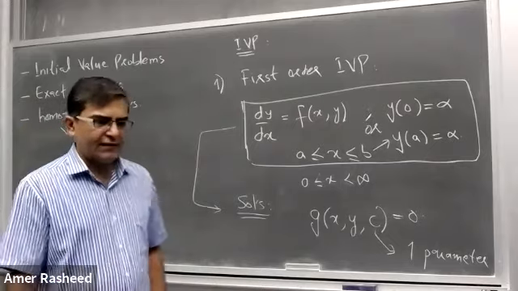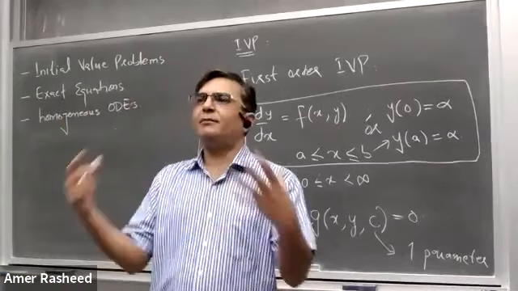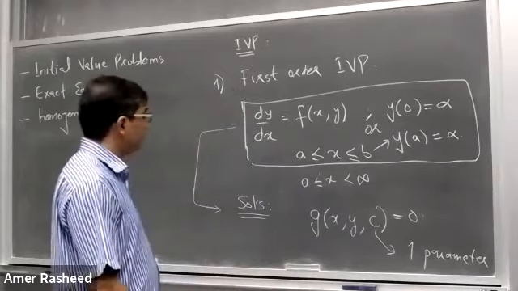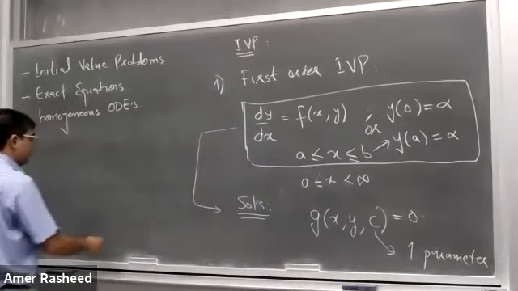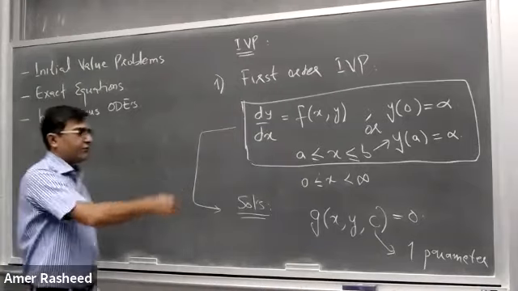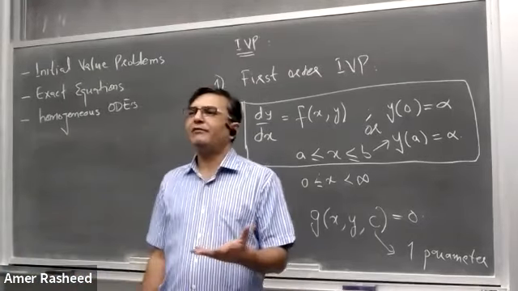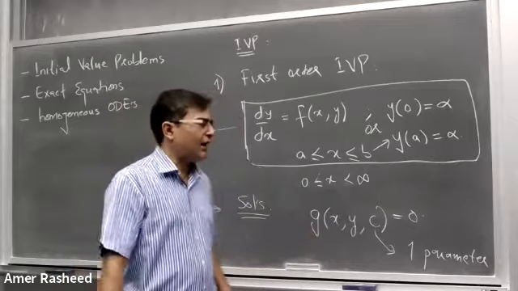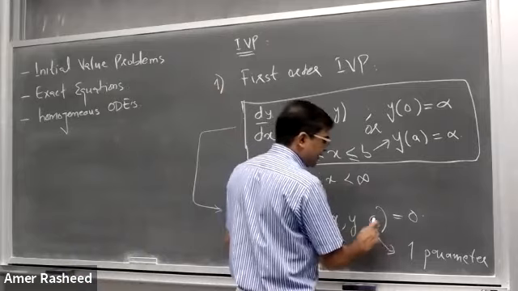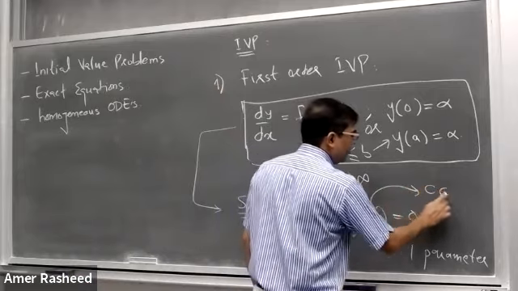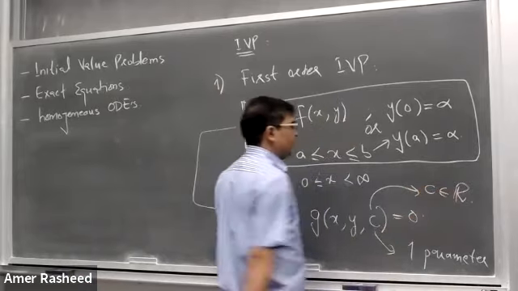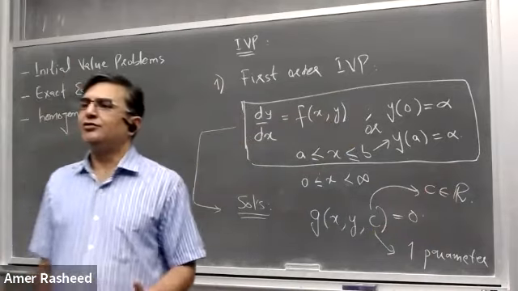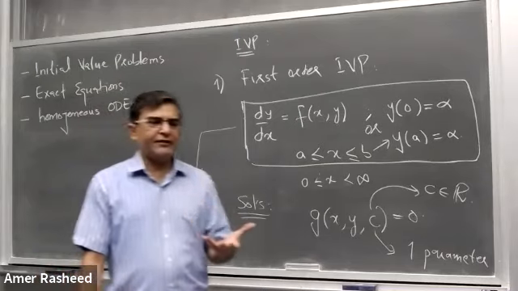I told you in the previous lecture that in the presence of this parameter we have infinite many solutions. I showed you a graph as well. If a differential equation has a one parameter family of solution, then it has infinite many solutions, one for every value of c. This parameter c usually belongs to the set of real numbers. So we have one equation and infinite many solutions.